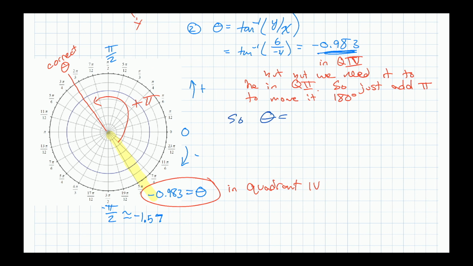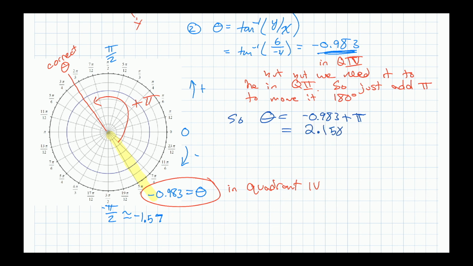Theta is going to be the negative 0.983, and then you add pi, and that's going to be the correct one. So I'm going to grab my calculator, redo that tangent inverse, tangent inverse of 6 over negative 4. There it is. And then I'm just going to write plus pi.